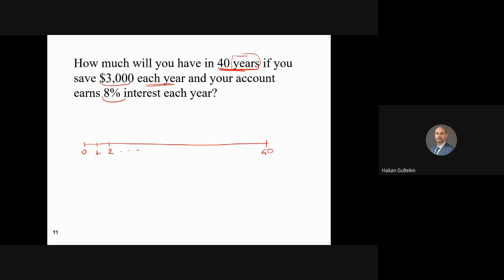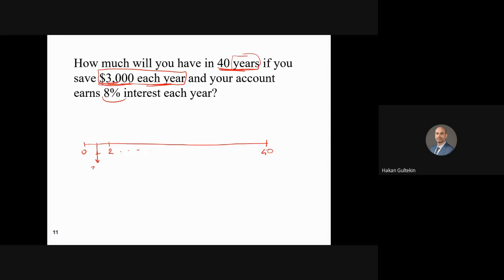And it says that you save 3,000 each year. If nothing special is mentioned, for example, in some questions we can say that the first payment starts now, and so on, some additional information. But in this question, there is no additional information. It means that this 3,000 starts at the end of year 1.